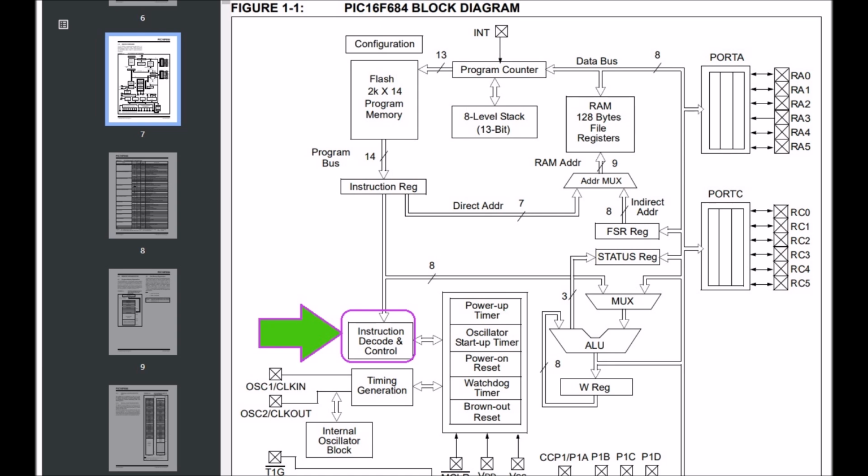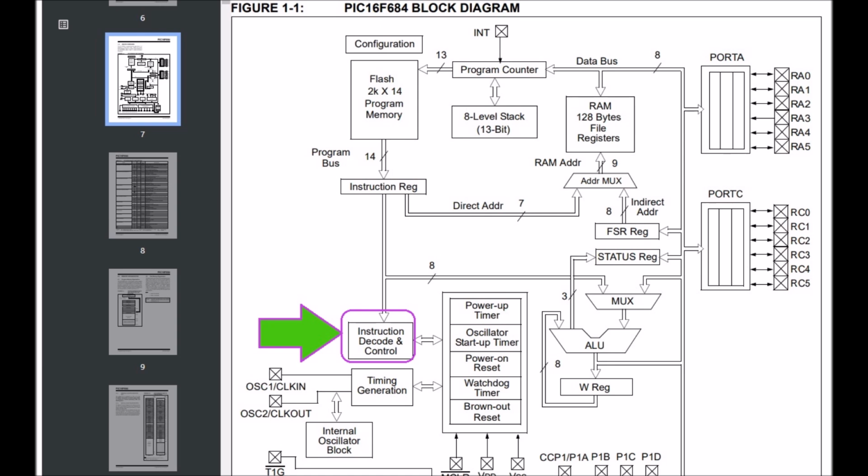The instruction decoder translates this code into a set of control signals. Control unit: this generates the necessary control signals to orchestrate the operation of the CPU and other peripherals. The control unit ensures that the right data is moved to the right place at the right time.